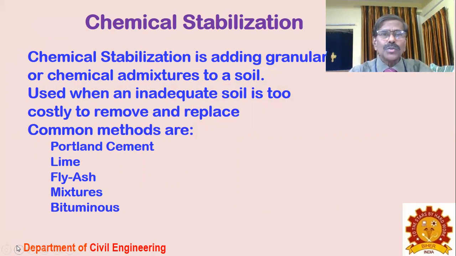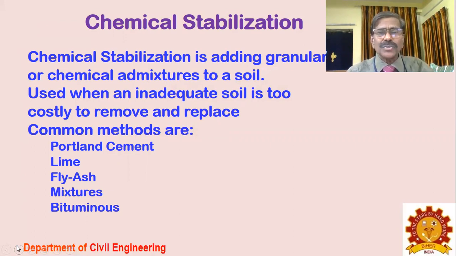The materials used for chemical stabilization are Portland cement, ordinary construction cement, or lime, fly ash mixtures, or bituminous compound or bituminous cement. Most of the time we use Portland cement because it is easily available and easy to handle, whereas lime you get in very small quantities.